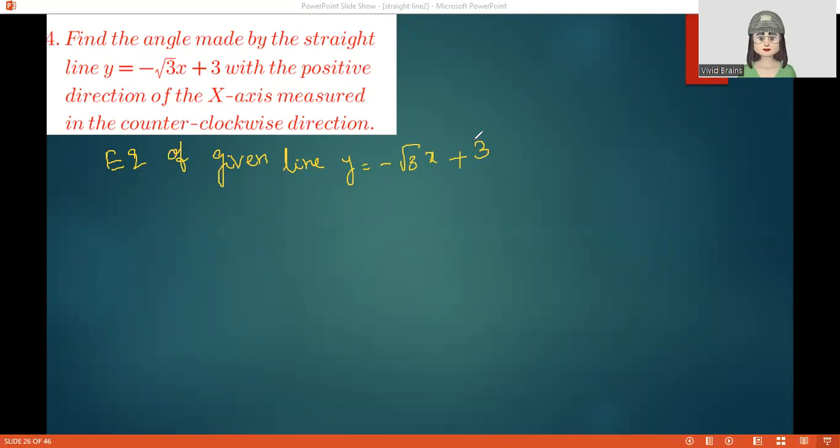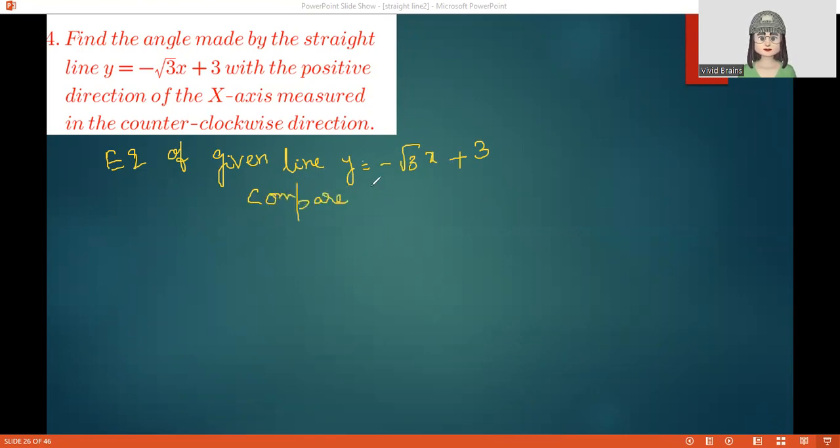The positive direction of x-axis, measured in the counterclockwise direction. So this equation is of the form y is equal to mx plus c.